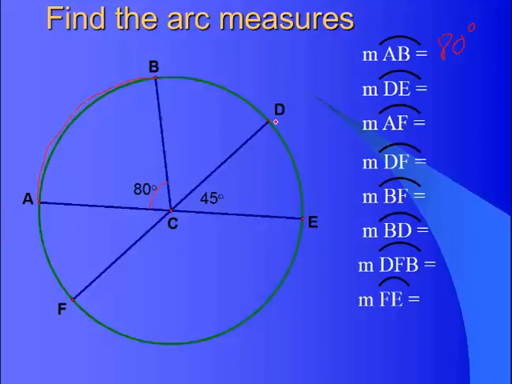DE, again, is going to be the same as the degrees of the central angle that forms that piece of the circle. Think of a piece of pizza. This is the crust. The length of that crust, or the degrees of that crust, is determined by how big this angle is of your pizza. So 45 degrees.